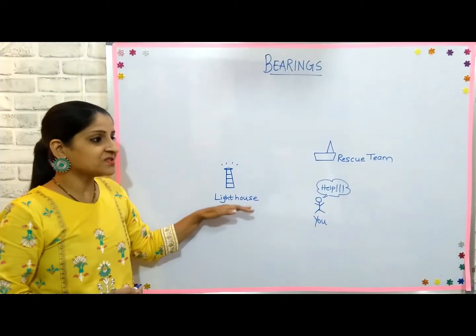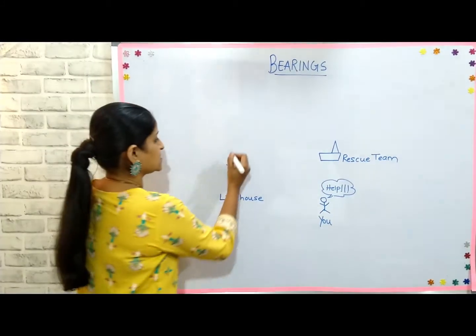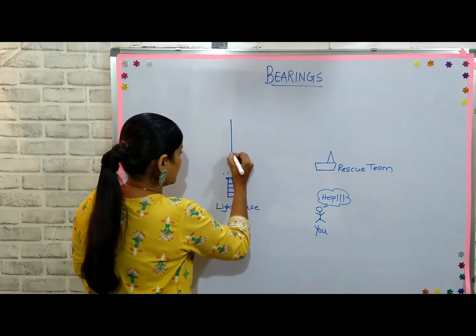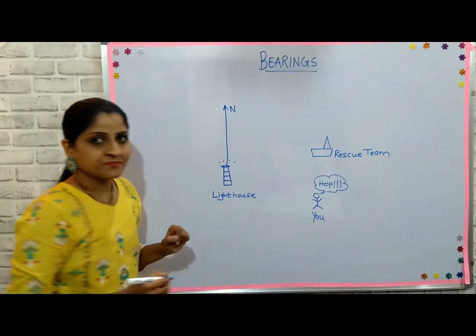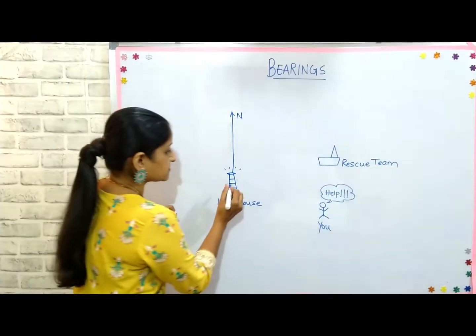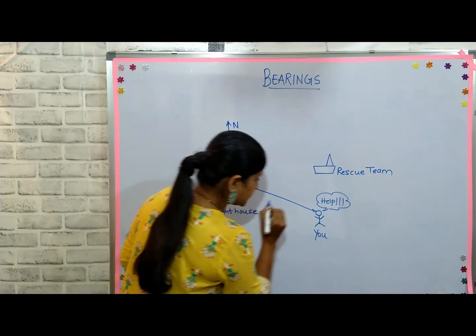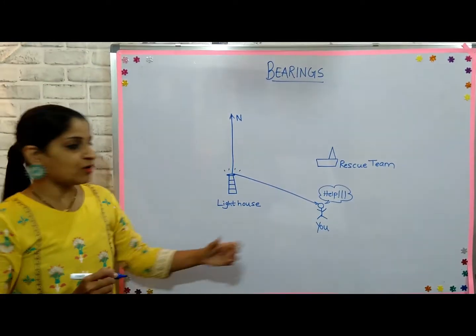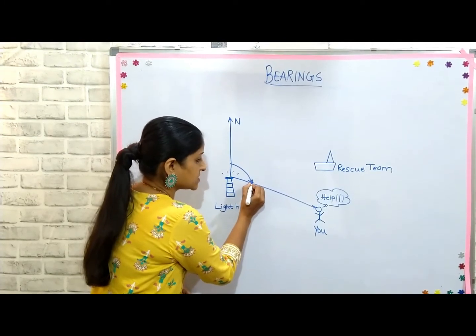To measure the bearing from the lighthouse, the first step is to draw a perpendicular north direction at the lighthouse. After that, there will be a connecting line that determines an angle of your position from that lighthouse.